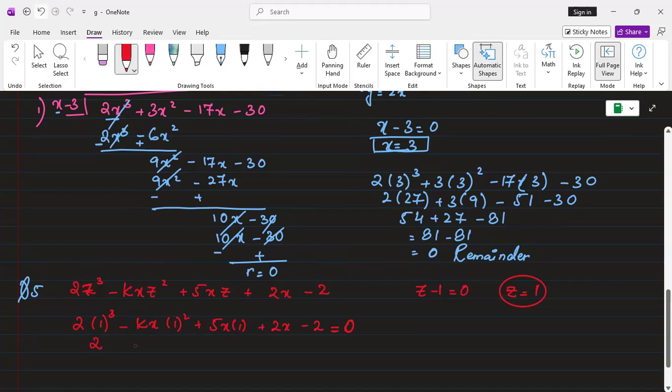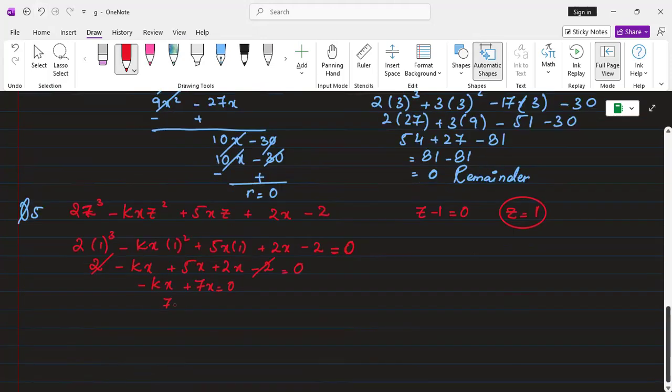Now this is simply kx. This is 5x. This is 2x. And this is minus 2 is equal to 0. So minus 2 plus 2 gets cancelled out. Minus kx. And this is plus 7x is equivalent to 0.